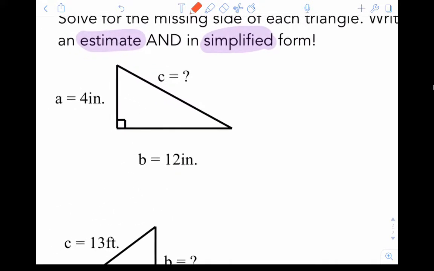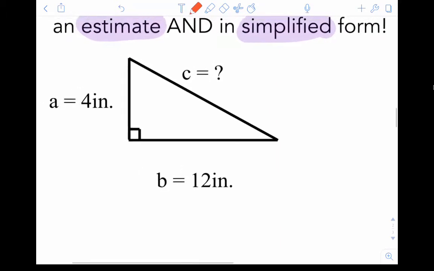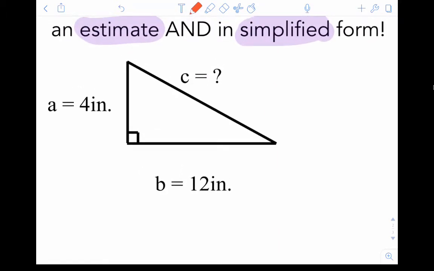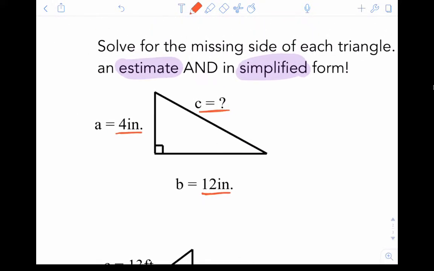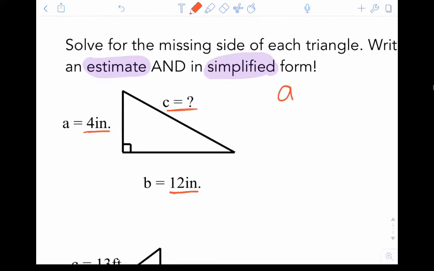So looking at this first triangle, I have two sides that I know. I know that A is 4 and B is 12, but I don't know what C is. So what I'm going to do is I'm going to have my Pythagorean theorem, A squared plus B squared equals C squared. A is 4 and B is 12.